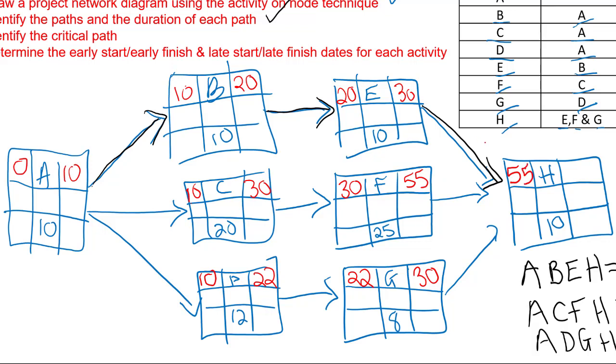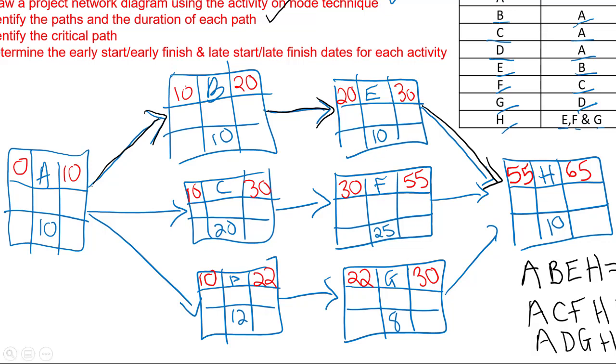If we took across 30, some of A, C, or F may not be complete. So we need to make sure we take the largest number across. 55 plus 10 equals 65, which agrees here with our critical path and the time frame that this project is going to take. So we've now completed the forward pass.